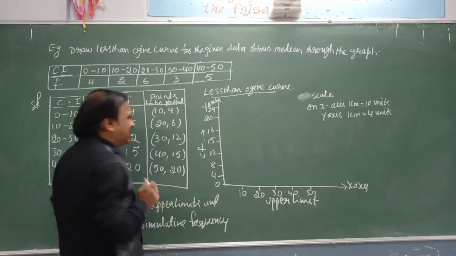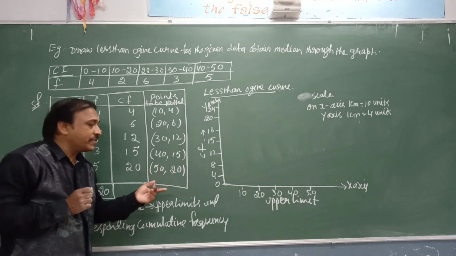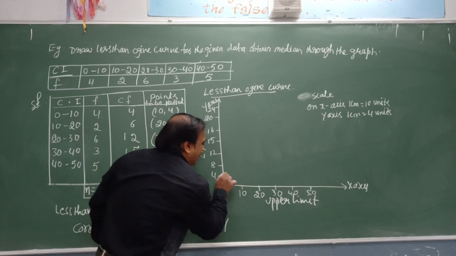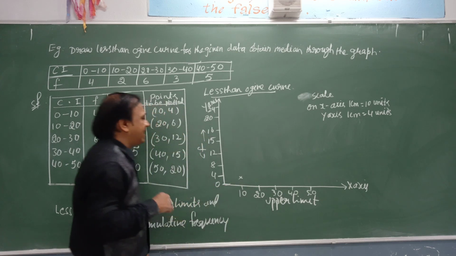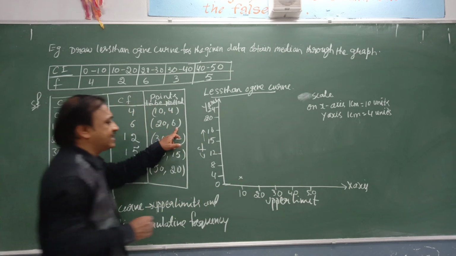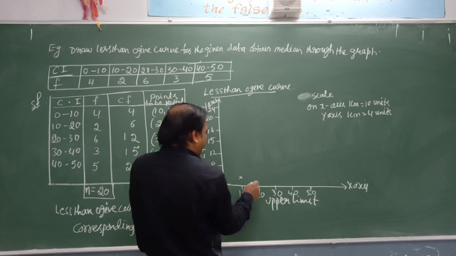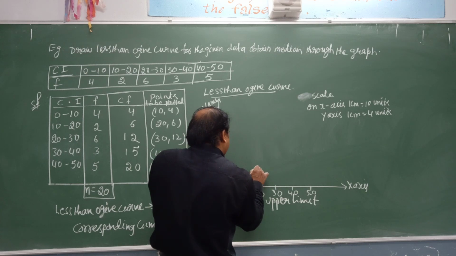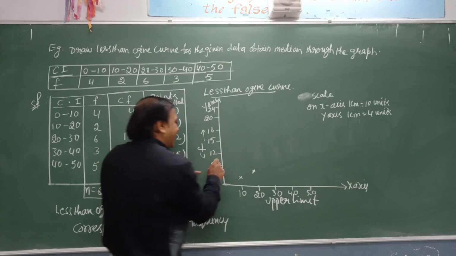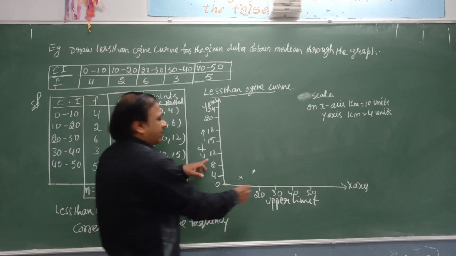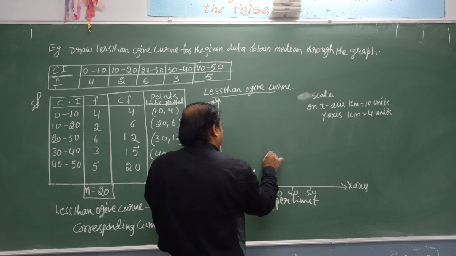Now you see the points to be plotted. This is the mark 10, 4. Next 20, 6. Where do you get 6? Exactly between 4 and 8. Next 30, 12.